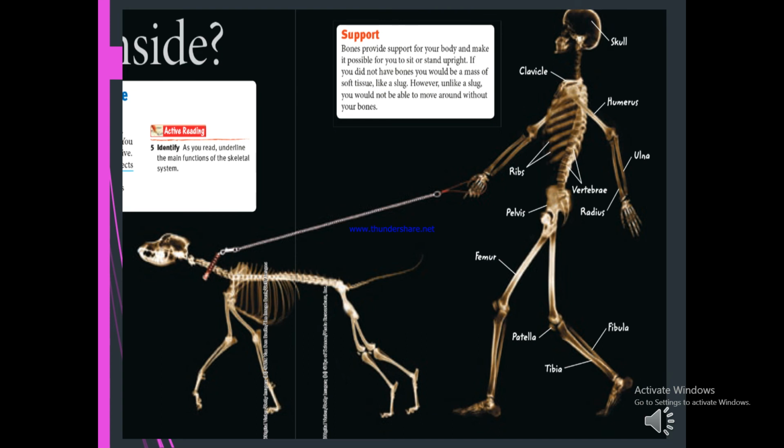And of course, epithelial tissue lines the inner walls of the blood vessels. So there are four types of tissue: muscle, nerve, epithelial, and connective.